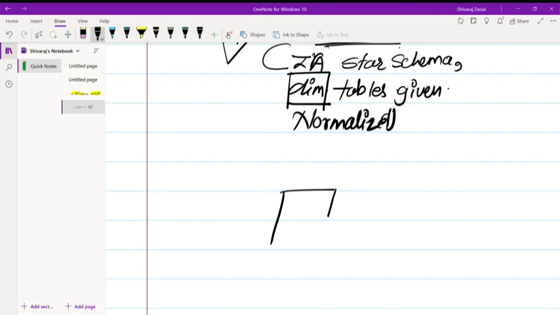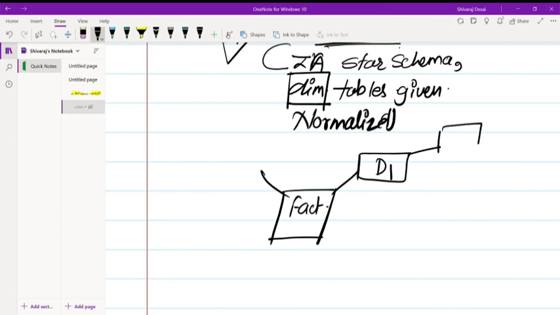Let us say we have the fact table and dimension tables like D1. This dimension table might have another dimension table, suppose D4. Then another dimension table like D5 might have another, D6. So the overall architecture would be like a snowflake.